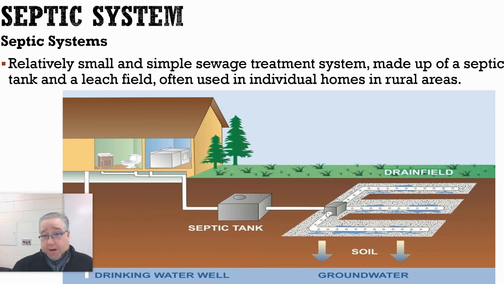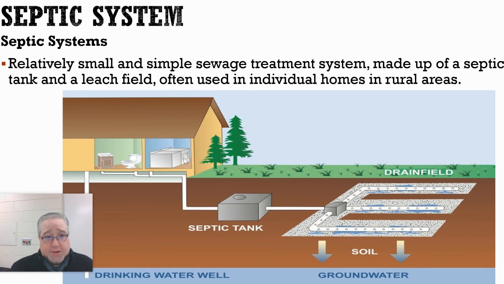If you look at the picture here, it's fairly simple. We have two major components to it. We have something called a septic tank, which is a big holding tank for all of our wastewater, and that's buried under your ground. The other thing is called a drain field, or a leach field, and we'll talk about what that does.